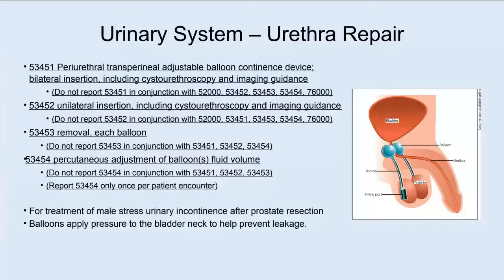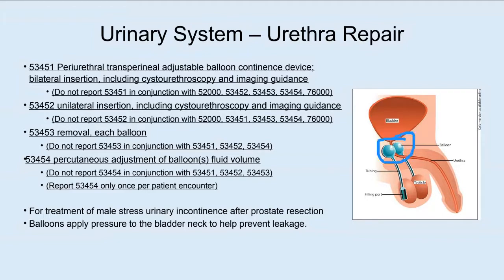Okay, now let's look at the urinary system. An interesting change, it's interesting for me, I wasn't familiar with this surgery at all, is a periurethral transperineal adjustable balloon continence device. This device is for treatment of male stress urinary incontinence after prostate resection. You can see in this picture that there is no prostate, should be right there.